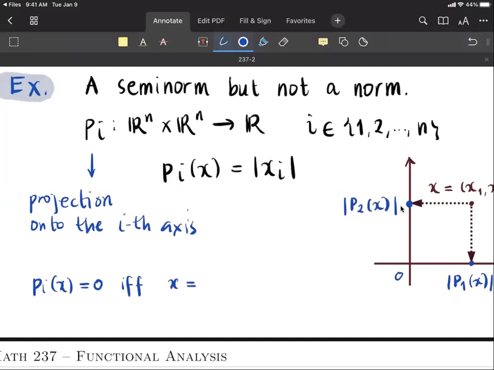I can write this as, let's say, x sub 1, x sub I minus 1, and then the ith component is 0.